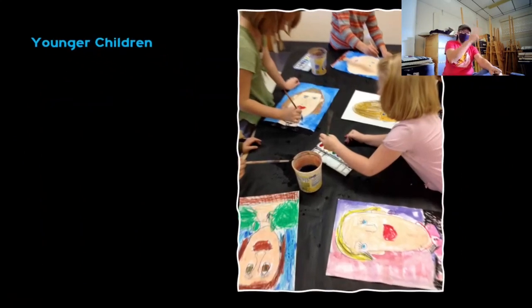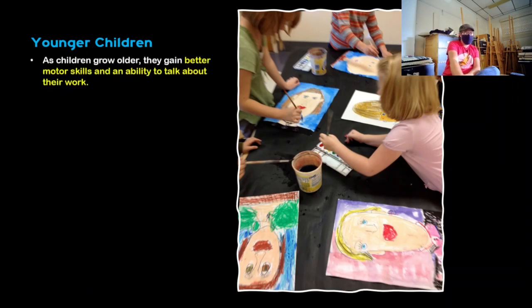Now, not extremely young, but younger children, right? Those who are starting to get maybe a little more representational, gaining those better motor skills, and they're starting to get an ability to talk about their work.